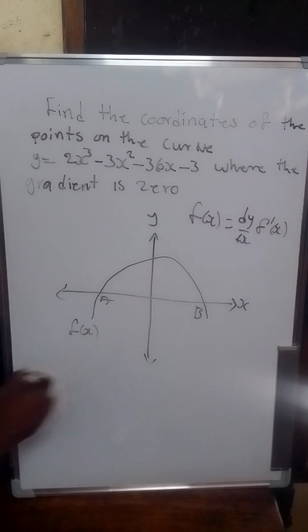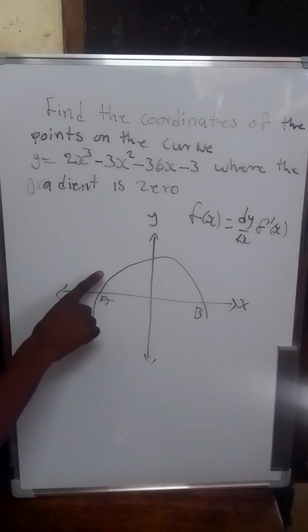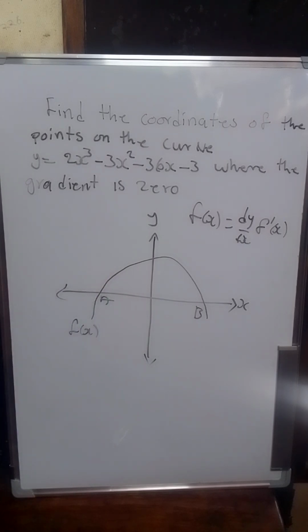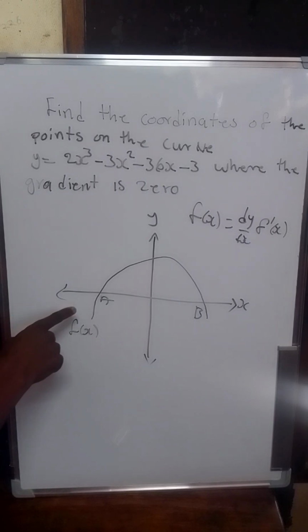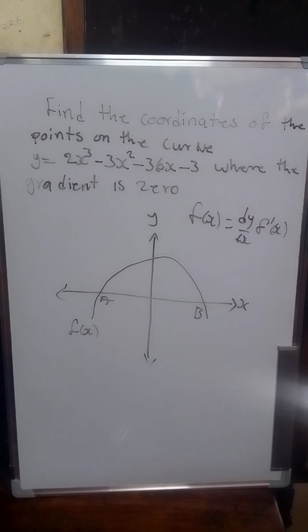So the theorem states that if a function is differentiable and it crosses the horizontal line at least at 2 points, then there is at least one point where the tangent is horizontal, and at that point the gradient is 0.